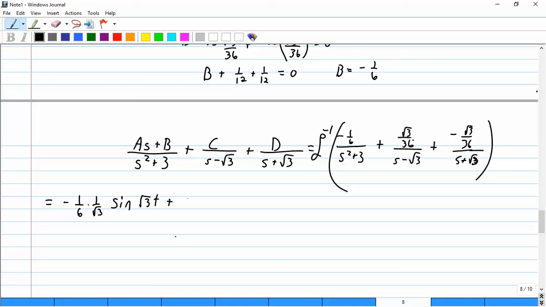plus square root of 3 over 36 e to the square root of 3t, plus, or actually going to be minus square root of 3 over 36 e to the negative square root of 3t.